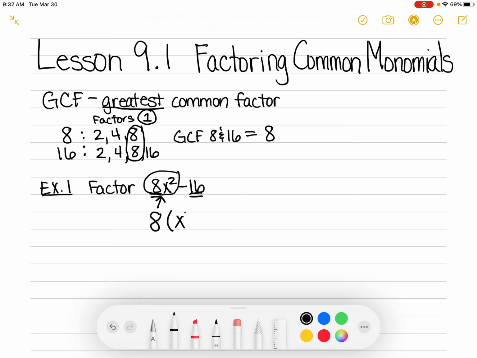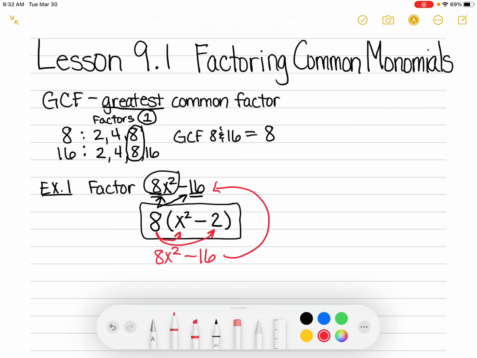Well, I would just need to multiply x squared, right? Because 8 times x squared is 8x squared. And then I put my minus sign and I say, what do I need to multiply by 8 to get 16? And the answer to that is 2. And that is my answer. Now you can always check your answer by going back and doing distributive property like this and saying 8 times x squared is 8x squared, 8 times 2 is 16, and do you see how it's the same thing as up here?